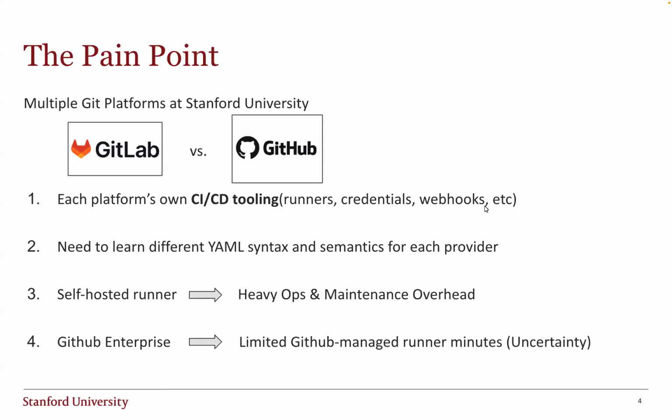Third, traditionally with the GitLab self-hosted option, a lot of users, including our team, have been self-hosting our own CI/CD runner for GitLab. That means a lot of heavy operations and also maintenance overhead in order to maintain the runner.